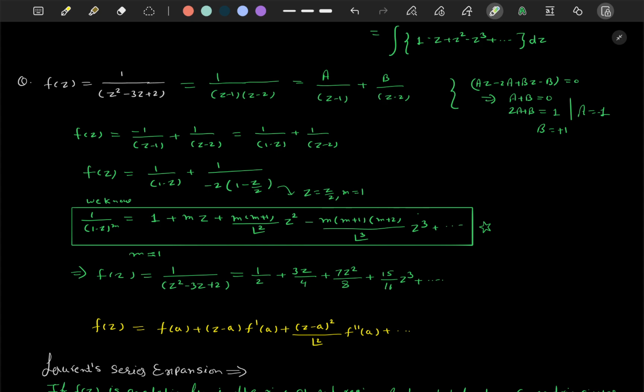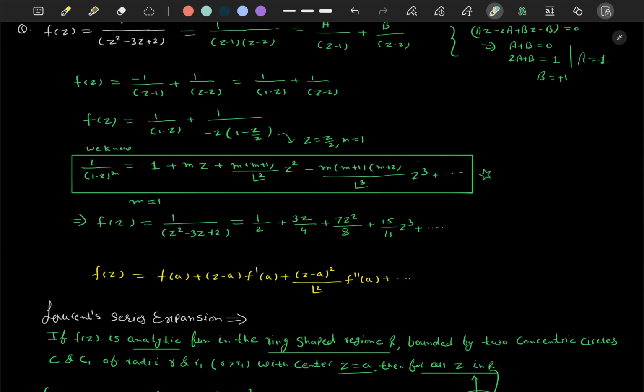Okay, so again use this expansion, 1 upon (1 minus z) to the power m, with m equal to 1 for this, so it will be 1 plus z plus z square and so on for m equal to 1.